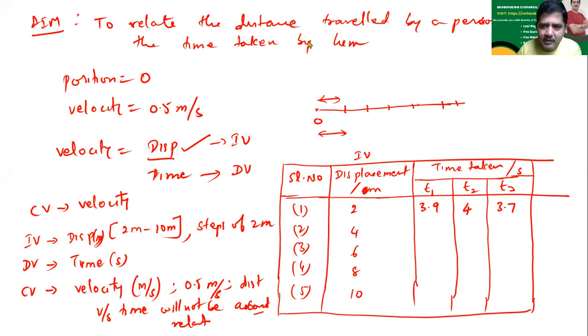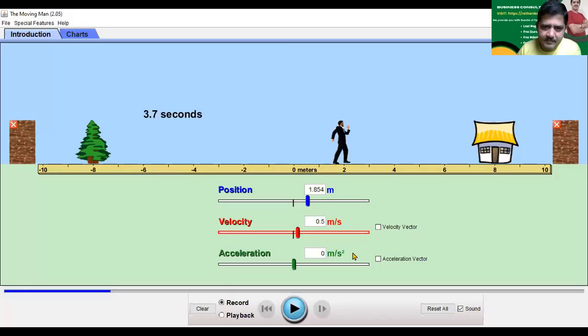Now let me do it for 4 meters. Let me reset everything and make this once again 0.5. Let me start from here. Now what am I doing? I am going to count the total time taken by the person to start from here and reach the 4 meters.